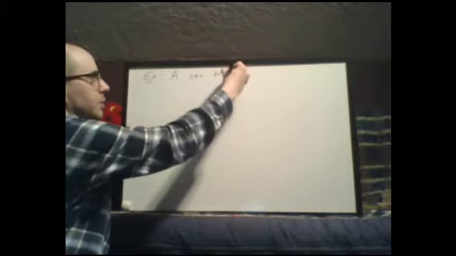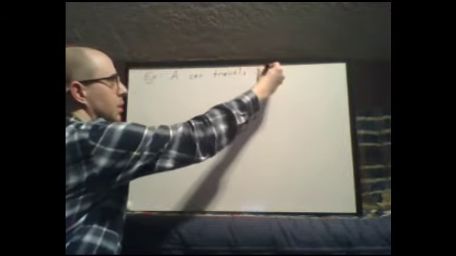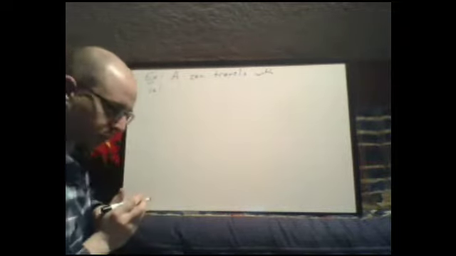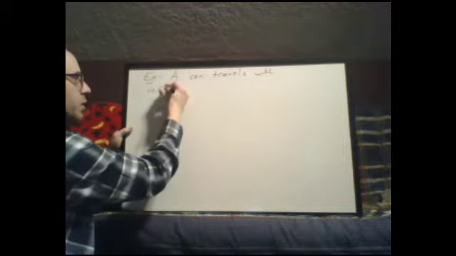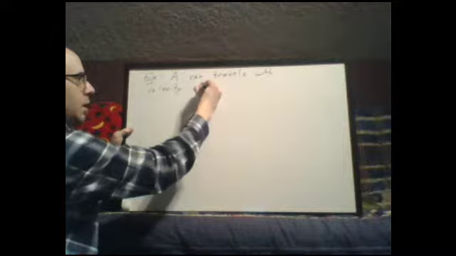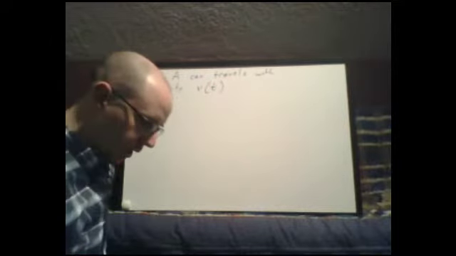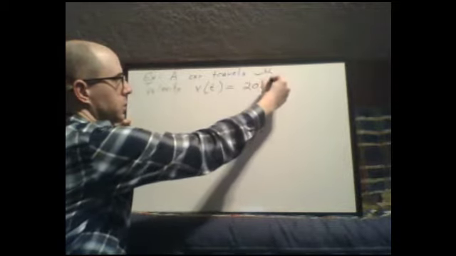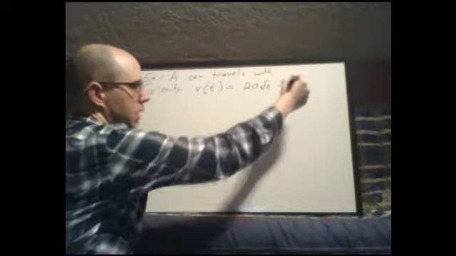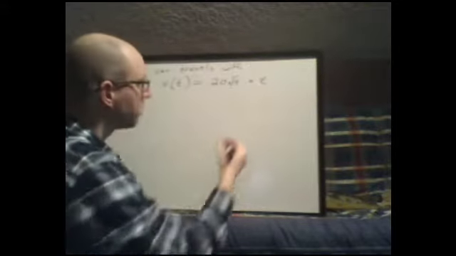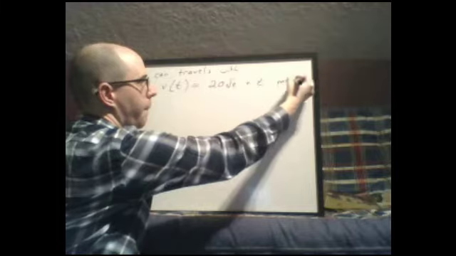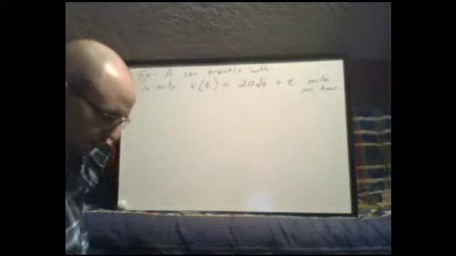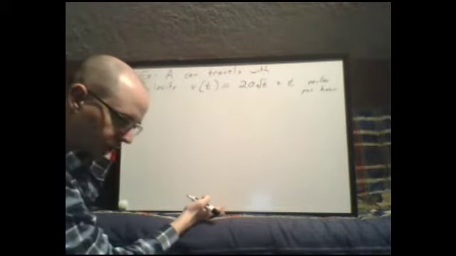A car travels with velocity v of t equals 20 square root t plus t miles per hour, where t is the number of hours that have passed.